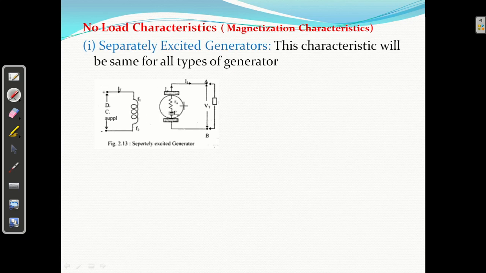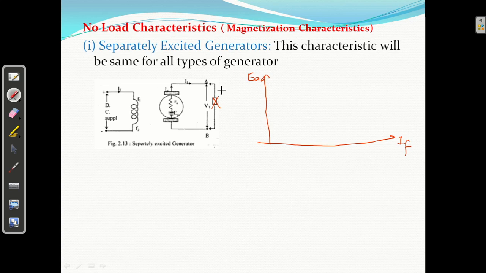It is separately excited, clear, and I'm not going to connect the load. Load is not there. It is open circuit characteristics, clear, and we are going to draw the characteristics between field current IF on the x-axis versus generated voltage EA, clear, at constant speed. We are keeping the speed constant.